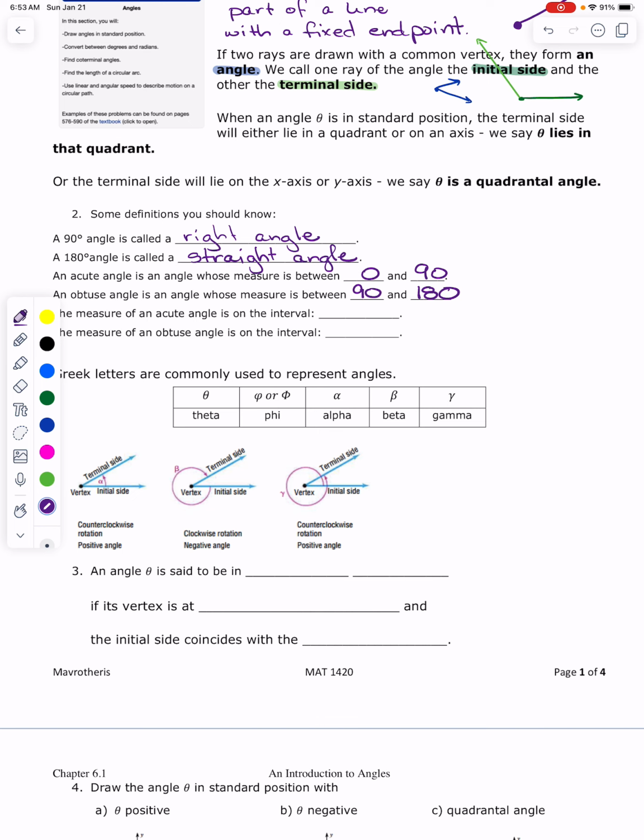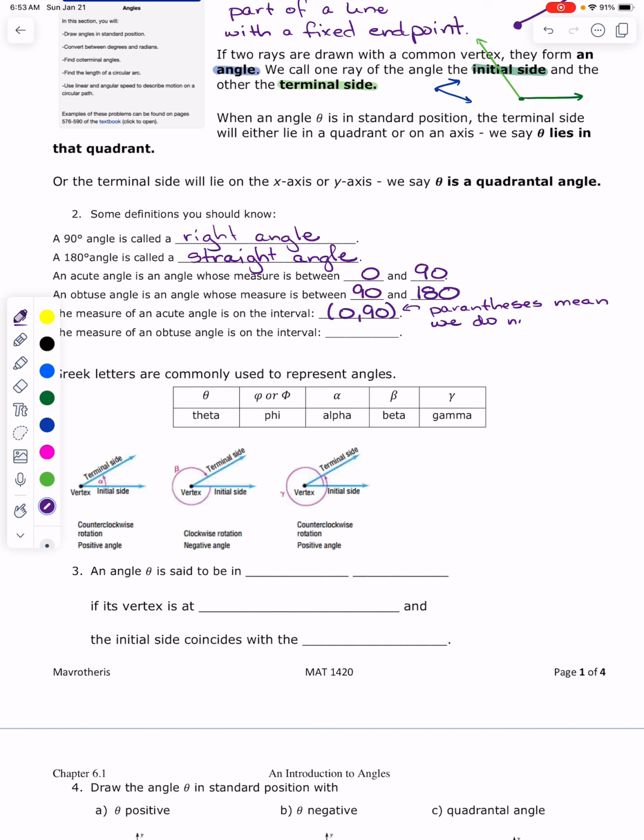If we are writing this in interval notation, an acute angle is going to have a measure between 0 and 90 degrees. Those parentheses mean we do not include the endpoints. If you just came out of college algebra, this probably makes more sense than if it's been a while since you've taken a math class.